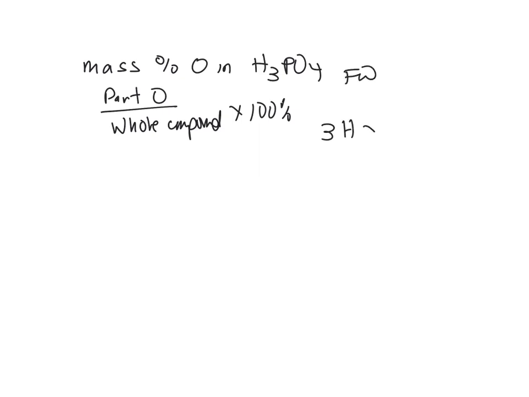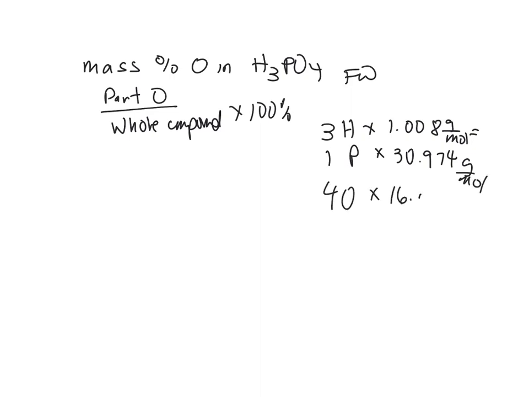So there's 3 hydrogens times 1.008 grams per mole. We have 1 phosphorus, and I have to look at that on the periodic table, and that is times 30.974 grams per mole, and then we have 4 oxygens times 16 grams per mole.